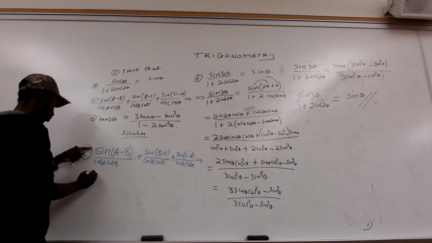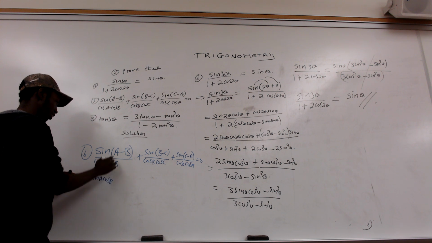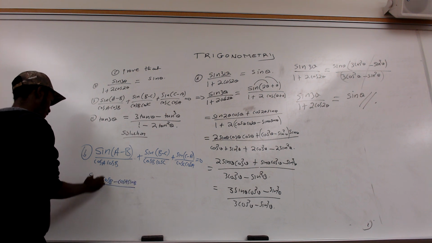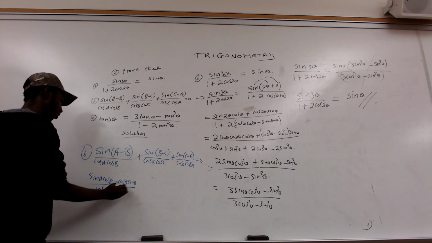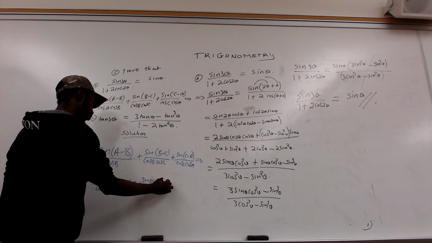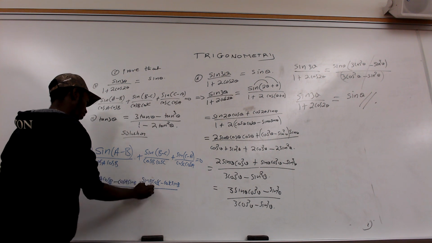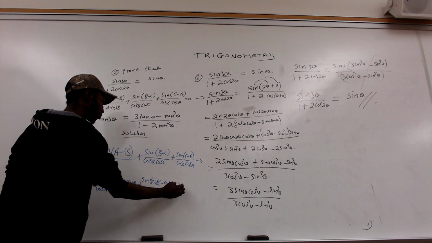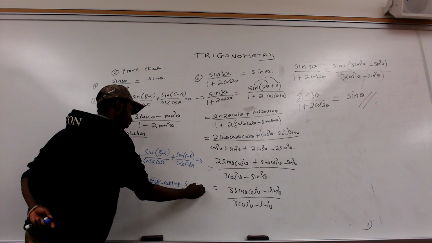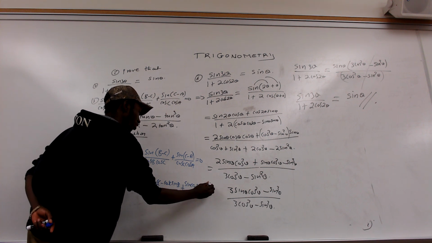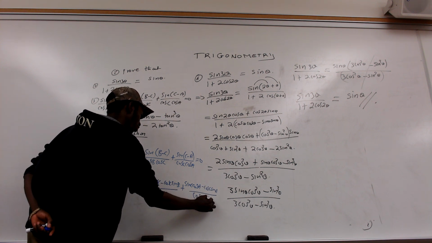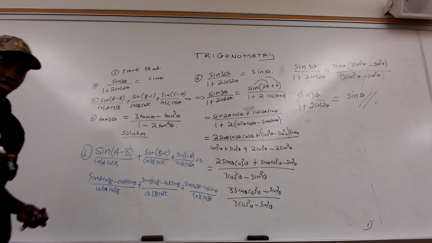So the identity for this is going to be sine A cos B. Since here is minus, it's going to be minus cos A sine B divided by what is given, cos A cos B, plus we come again to the second one, the same thing, we expand this: sine B cos C minus cos C sine B divided by the bottom cos B cos C, plus we take again this other expression which is sine C cos A minus cos C sine A divided by cos C cos A. This is it. I think this is what we have.